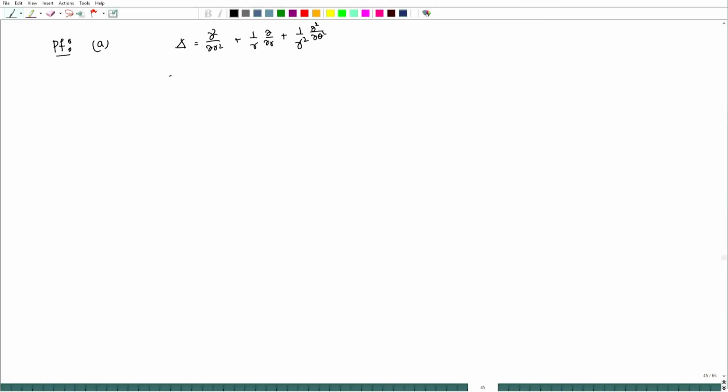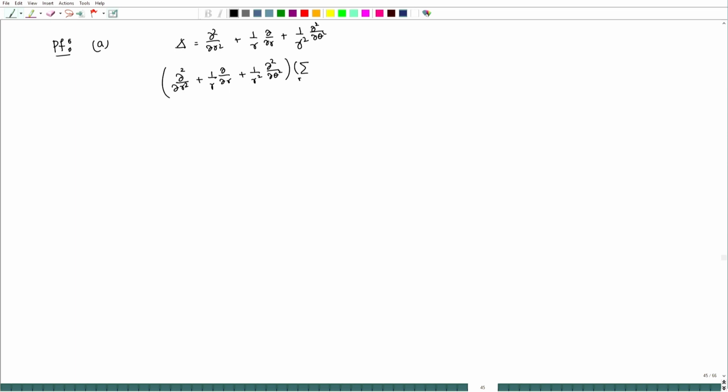So now let us calculate ∂²/∂r² + (1/r) ∂/∂r + (1/r²) ∂²/∂θ² of the function P_r(θ).